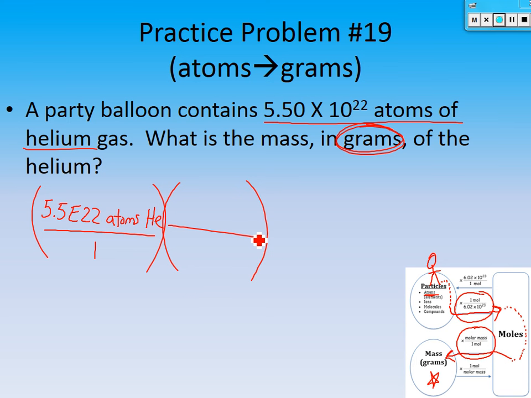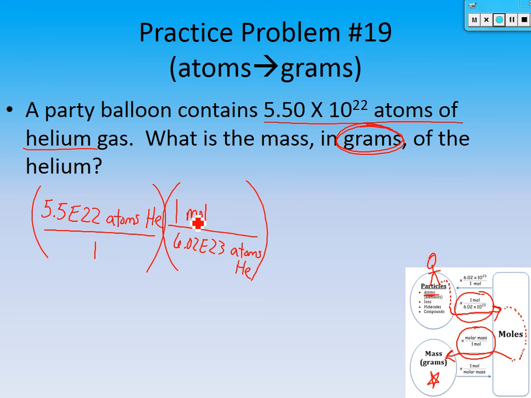The first one says we're going to take 1 mole over Avogadro's number. So let's do that. 1 mole over 6.02 times 10 to the 23rd. Now, if atoms of helium is on top, what's got to go on bottom? Atoms of helium. Same thing, guys. You're always going to try and knock out that unit by dividing by the same unit.